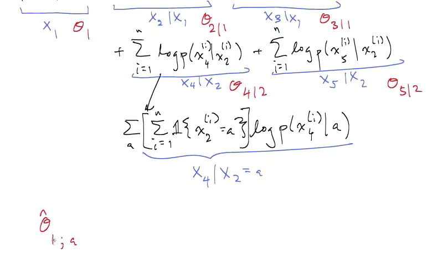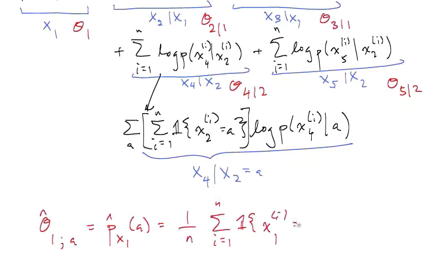Theta hat of 1 of a, the ML estimate, is of course going to be the empirical distribution for x1 evaluated at a, which is the fraction of times in our training data that we see x1 being equal to a.